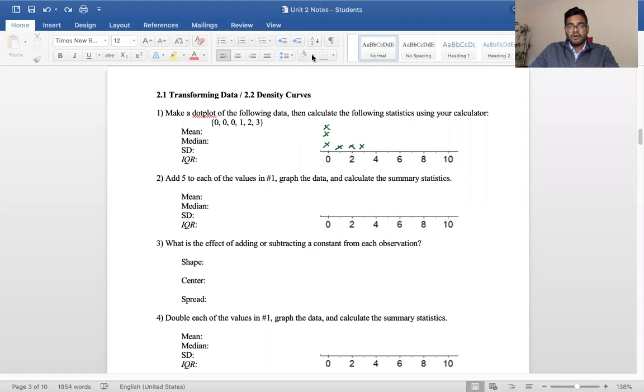Okay, and if you took a calculator or just did it by hand, because it's a pretty small set, to calculate the mean, median, standard deviation, IQR, you would have gotten the following numbers.